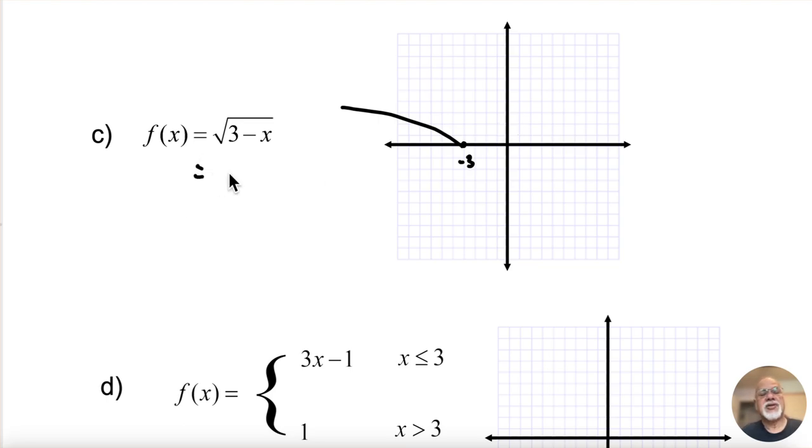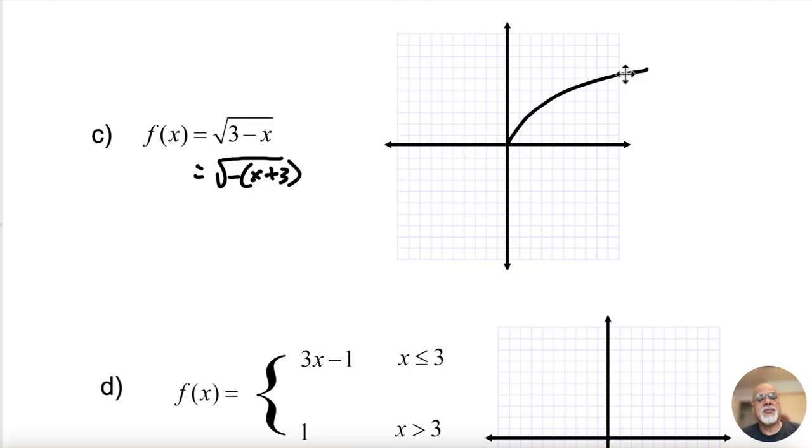So actually the way to see this is this is the same as negative x plus 3. And so this is a reflection. Let me just redo this again. I drew that on the wrong side. This is the square root function, which normally goes like that. The negative sign would make it go like that.